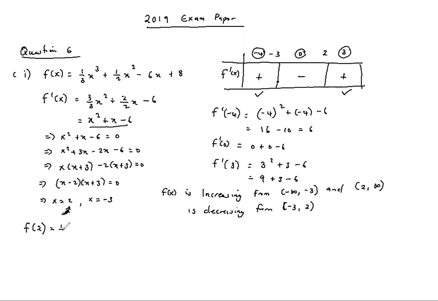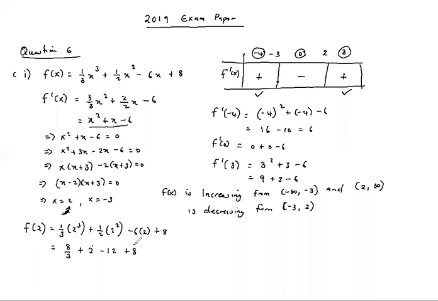So you have 1 over 3, 2 to the power 3, plus 1 over 2, 2 squared, minus 6 times 2, plus 8. This will be 8 over 3, plus 4 over 2 is just 2, minus 12, plus 8.